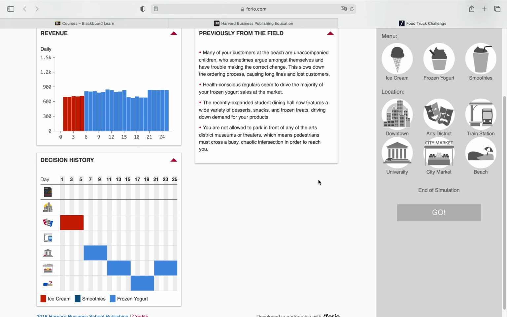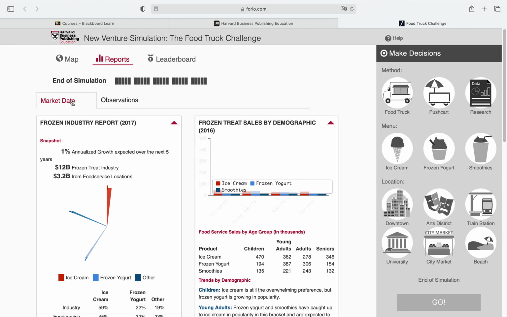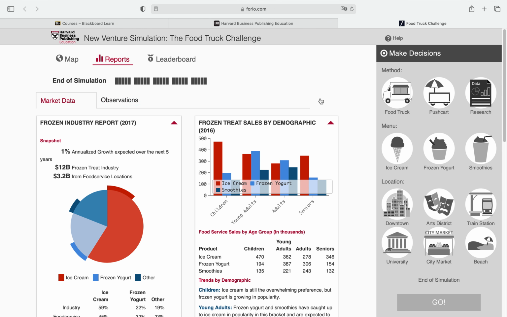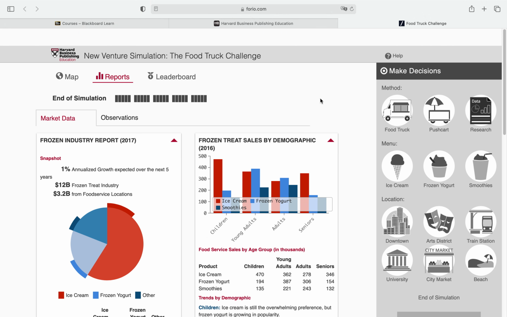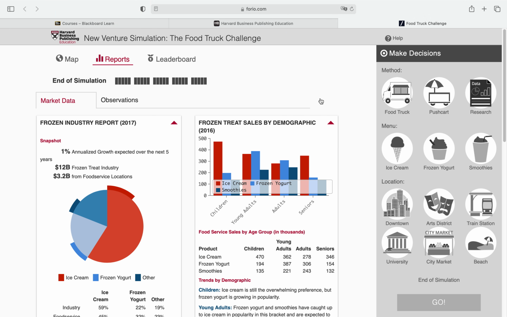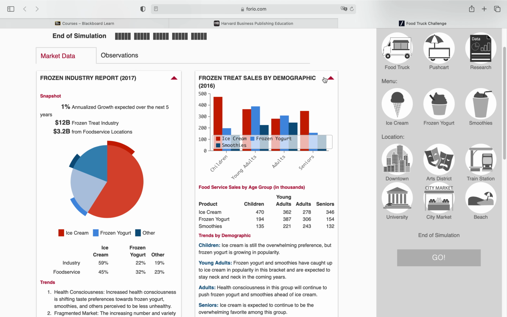So this simulation basically focuses on teaching us how to use the information, analyze it, and use your best judgment to make your decision on strategy and try to reach the overall goal, which is maximum revenue and profit.